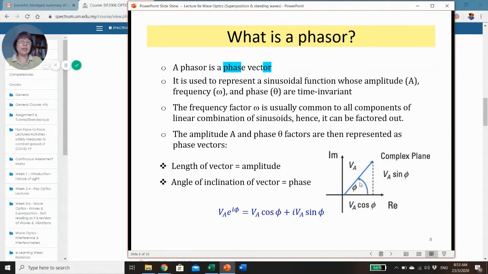And here, the angle that this arrow makes with the horizontal, phi here, is actually the phase. And we then can resolve it into the real component and the imaginary component. So the real component is VA cosine phi, if we represent it this way. And this is the imaginary component, with i here the imaginary number, VA sine phi.